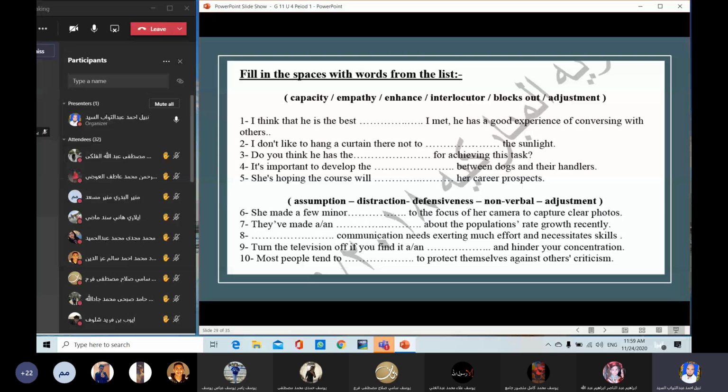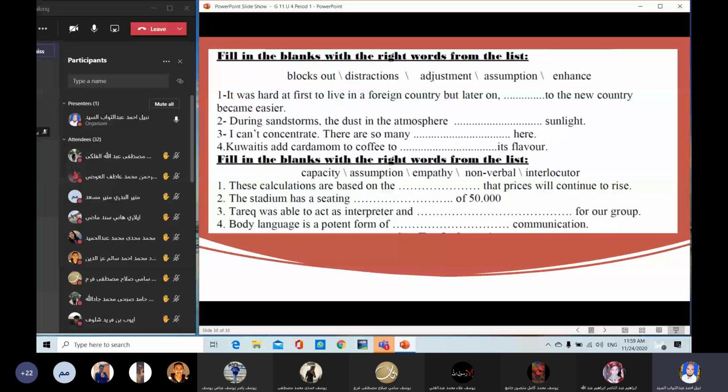When someone criticizes you, you begin to defend yourself. So most people tend to defensiveness. Defensive. Again, defensiveness. You can screenshot this exercise so that you can complete it at home. Okay, screenshot.